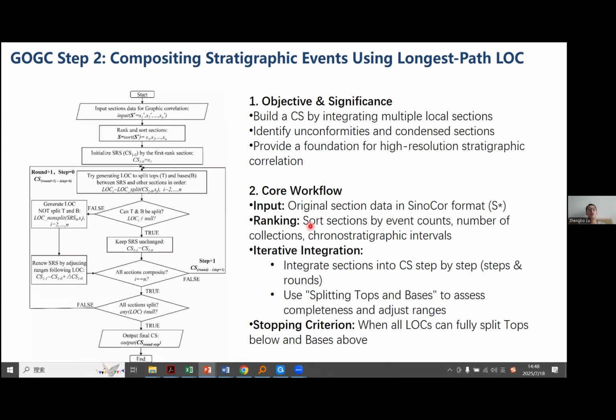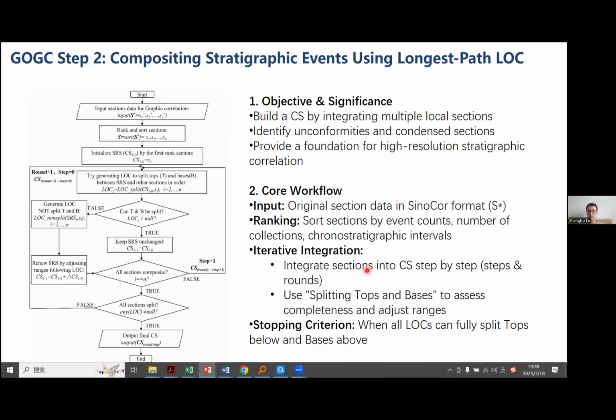There could be many rules of ranking, like based on the event count of the section, the number of collections, etc. Finally, we select the highest ranked section as the standard reference section before we iteratively integrate the biostratigraphic information from other sections into it, making it the final composite standard. And finally, we generate the best composite standard with more complete stratigraphic ranges than any other local section in the dataset.